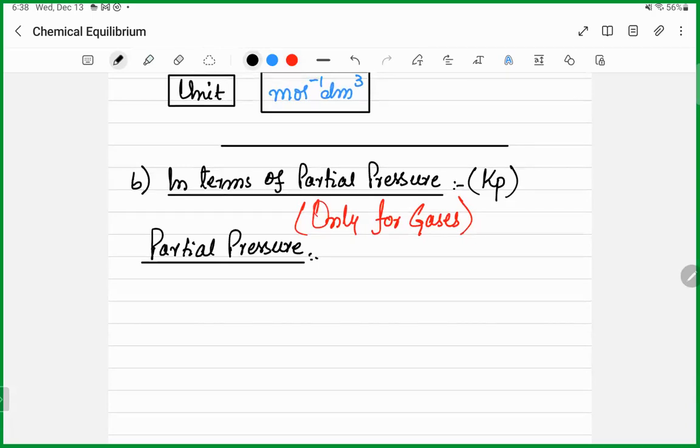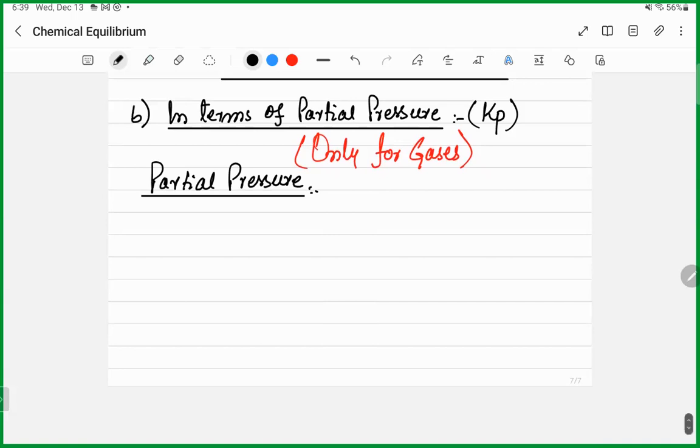So the pressure exerted by gas A is called the partial pressure of gas A. ठीक है? And this partial pressure is basically depends on how many moles of gas A you have. Means the mole fraction of gas A. यानी total gases में से A, B और C में से A के कितने मोल्स हैं? जितने मोल्स उसके होंगे उतना कंट्रीब्यूशन प्रेशर में उसका होगा. And if you add the partial pressure of all these gases, it must be equal to the total pressure.